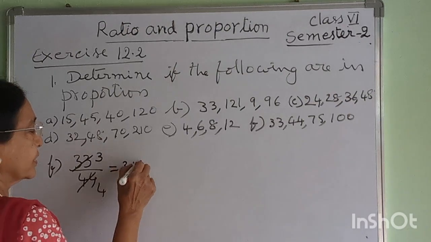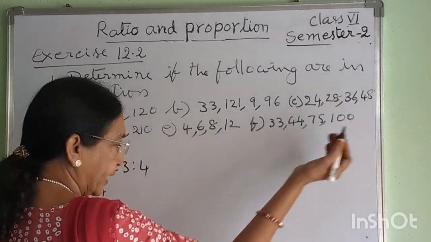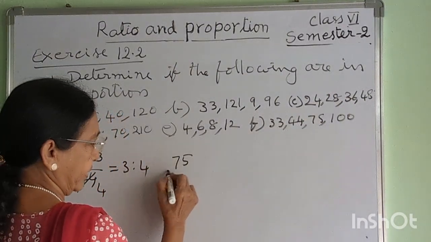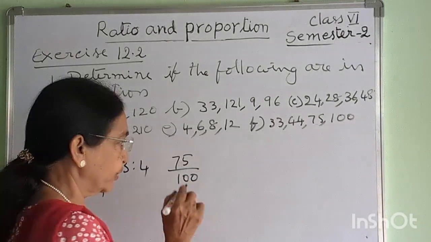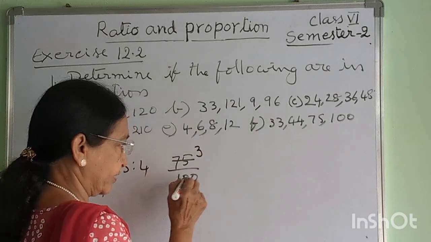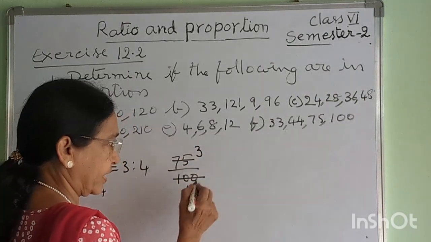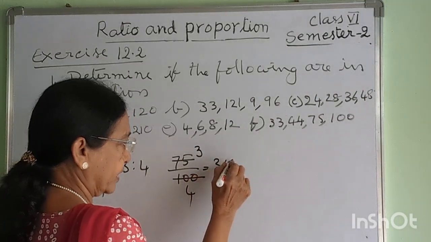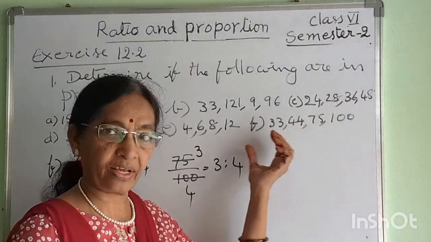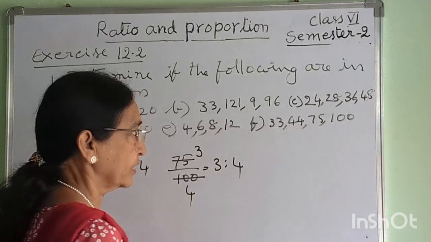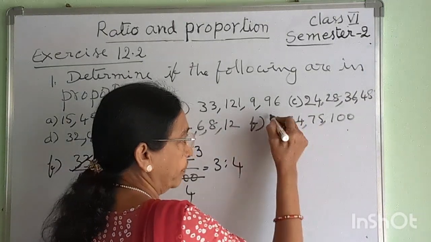Therefore the ratio is 3:4. The next 2 terms, 75 and 100. Both are divisible by 25. We know that 25 3s are 75 and 25 4s are 100. This is equal to 3:4. Therefore the ratio of these 2 is equal to the ratio of these 2. They are equal ratios. Therefore these 4 are in proportion.